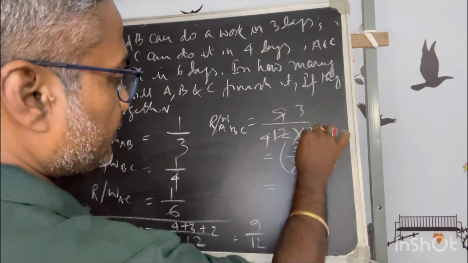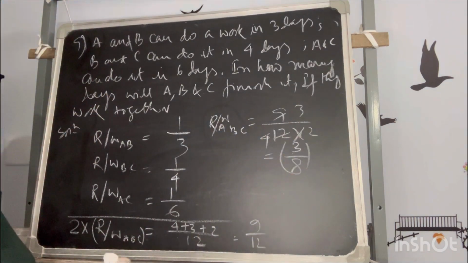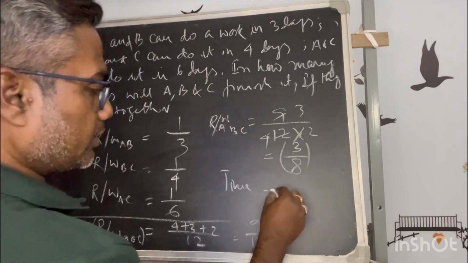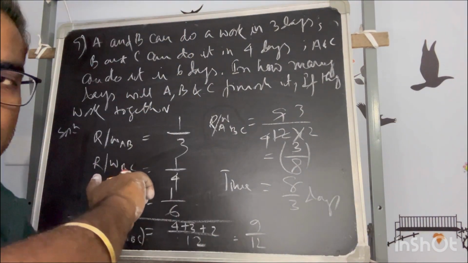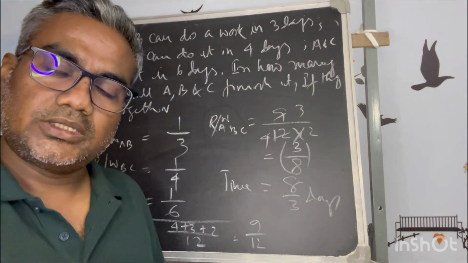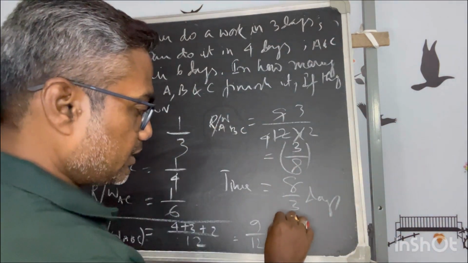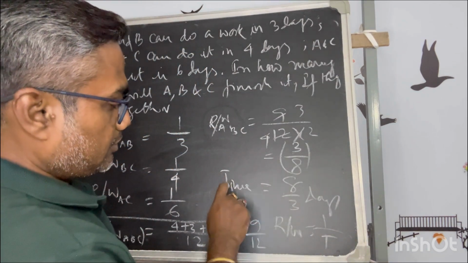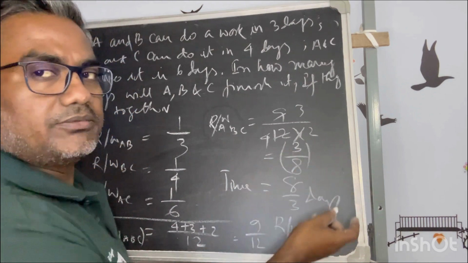This is nothing but, if we reverse it, because rate of work and time are inversely proportional. So the time taken by them while they are working together is just the reverse of this. Initially we were taught the theory that time and rate of work are inversely proportional, and the constant is always 1. So rate of work is equal to 1 by time. So time is equal to the inverse of the rate of work, and we are getting 3/8. So time is equal to 8/3 days. Simply.